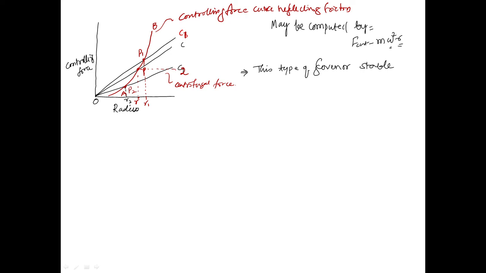Coming to another type of possibility. Suppose the controlling force curvature is a little bit flat. Let us look over the possibility here. This is radius, this is controlling force.